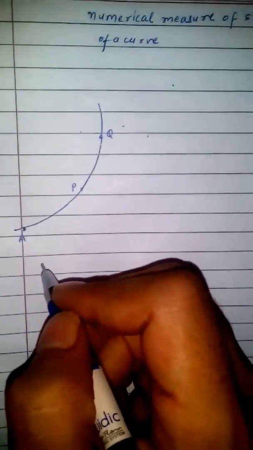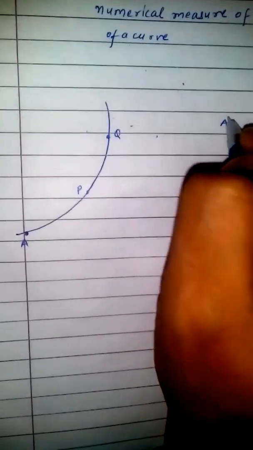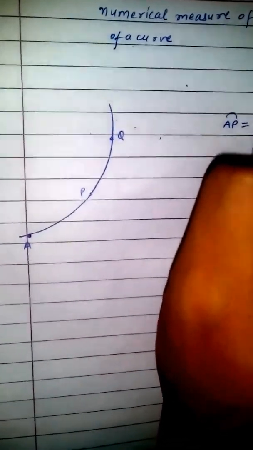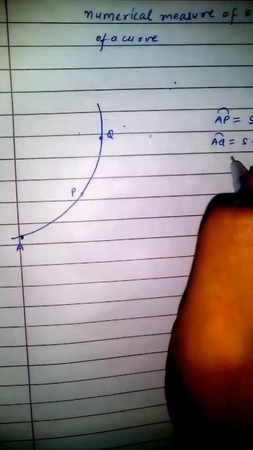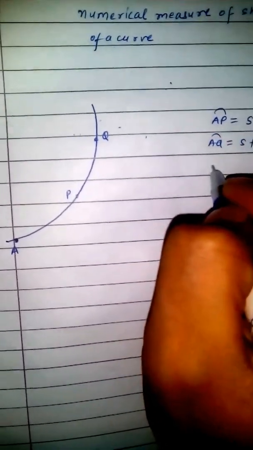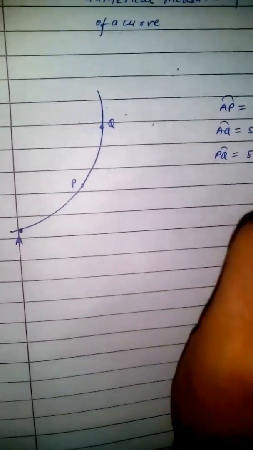We have taken these points such that the arc length of AP is S and the arc length of AQ is S plus del S. So the arc length of PQ will become delta S.